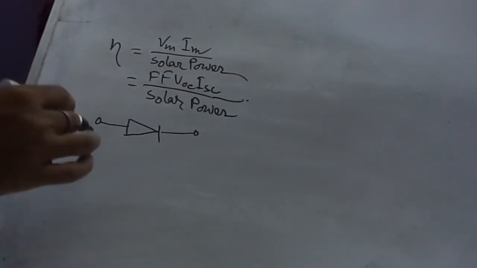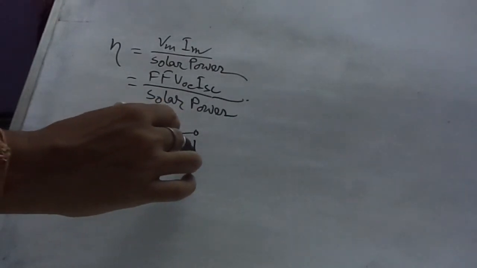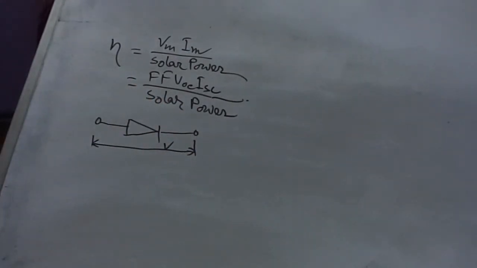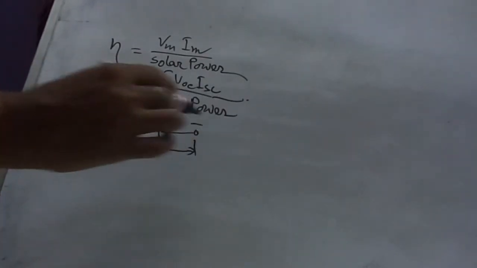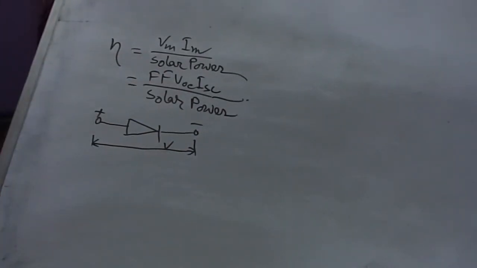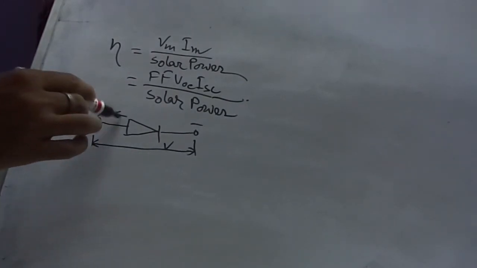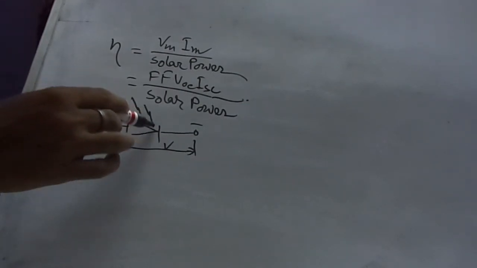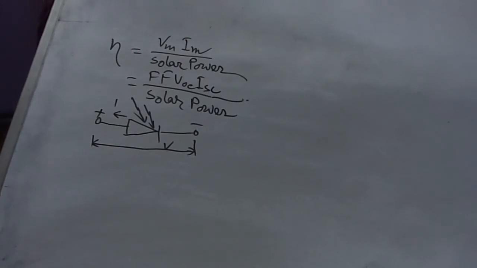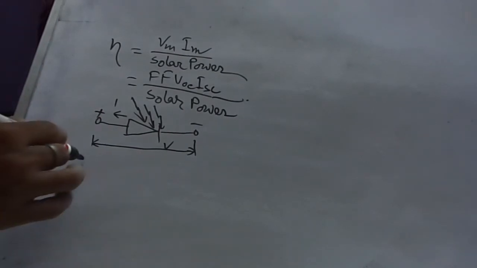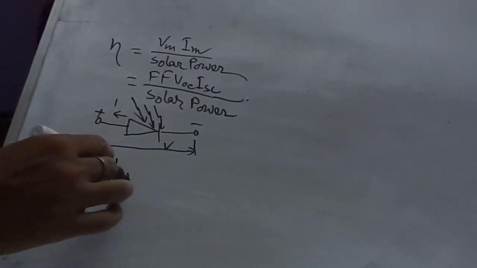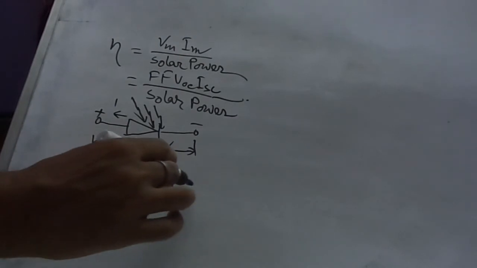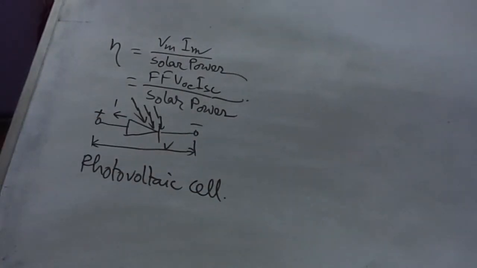This is the voltage V, plus, minus, and the current I. And another one is this one. So this is the schematic symbol of the photovoltaic cell.